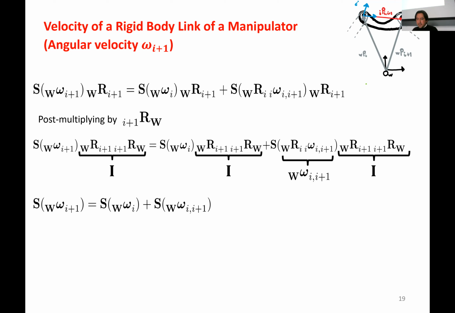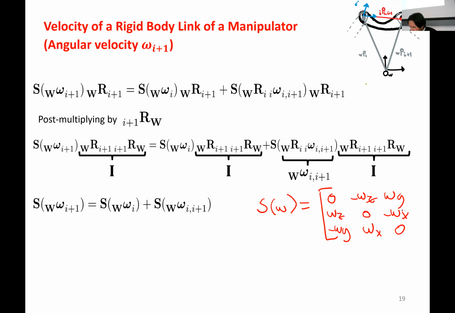And now, as we showed before, we have the expression of the skew symmetric matrix: omega z, omega 1, then omega z minus omega 1, 0, minus omega x, 0.